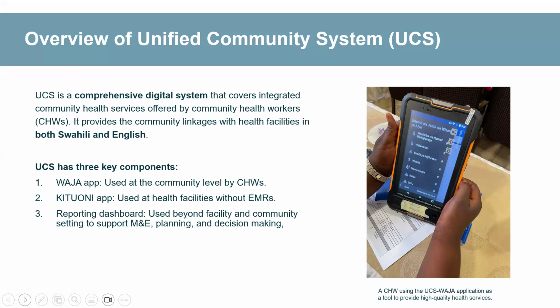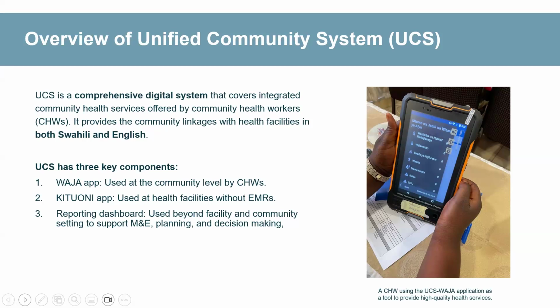As I'm going to provide this overview generally for the unified community system: what components are contained in the UCS and how did it come? So UCS is a comprehensive digital system that covers integrated community health services offered by the community health workers, HEWs.